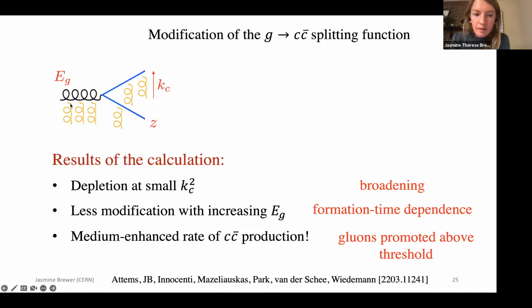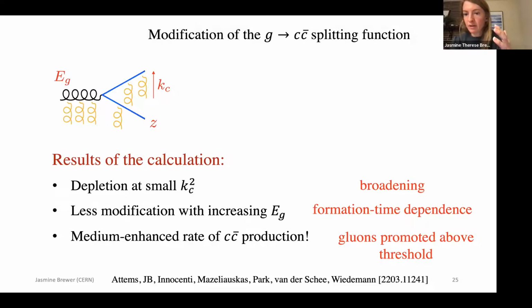So the simplest kind of signature, which I also discussed earlier, is this: you've produced a pair of charm quarks from this splitting, and then they're undergoing interactions with the medium that are broadening their relative momentum. On average, because of this sort of Brownian motion they're going through with the medium, the relative momentum, which here we're calling Kc, is getting larger.